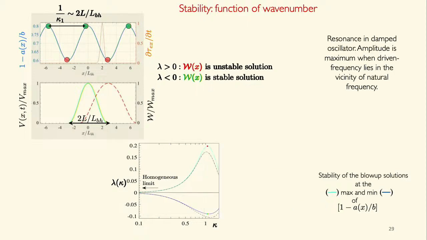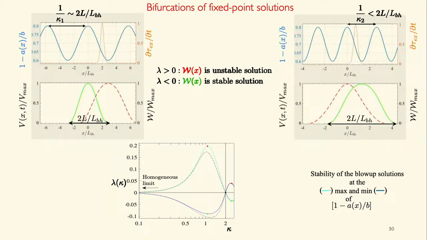But if you keep on going, you see that they reach their peaks and the stability spectrum changes a little bit, until you hit another wavelength of variation where there is an exchange of stability. So this is like a classic nonlinear dynamics bifurcation, where your stability exchanges about a point, so transcritical, I guess.